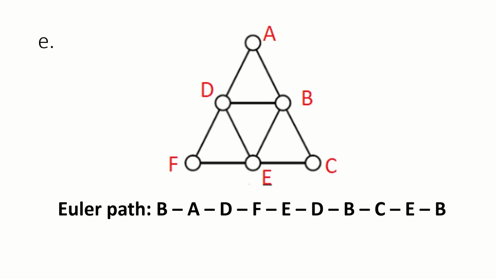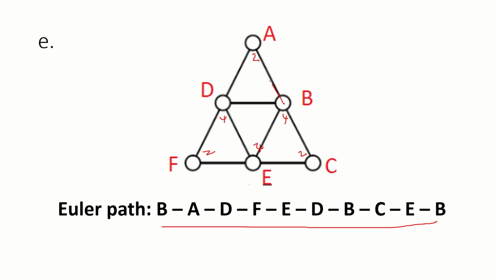And this one, if you notice, the degrees are all even. This is 2, the degree of this is 4, degree is 4, degree is 4, 2, and 2. So this is basically an Euler circuit. Okay, so this is now our path, a closed path, because it started and ended with the same vertex.